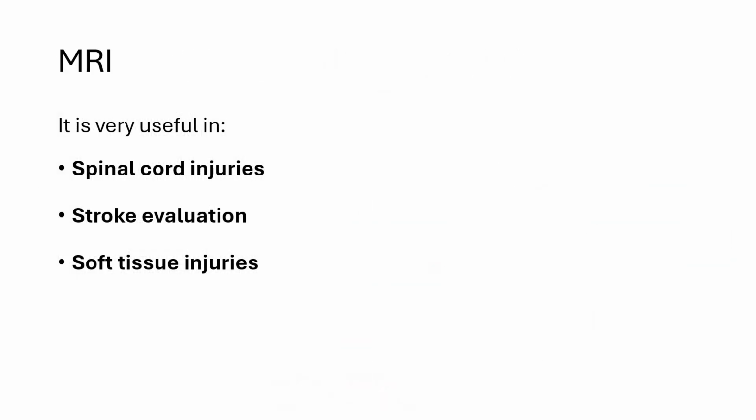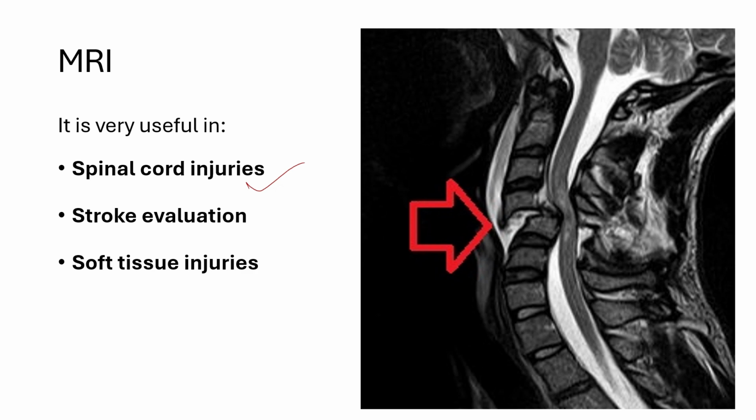Now MRI. MRI is less commonly used in emergency because it takes more time, but it is very useful for diagnosis in case of spinal cord injury. For spinal cord injury, MRI is very good and it is superior to CT scan.